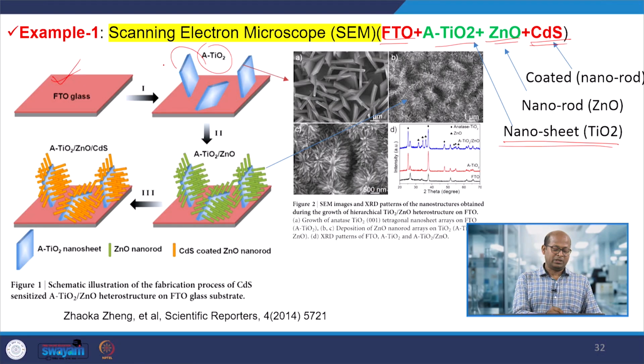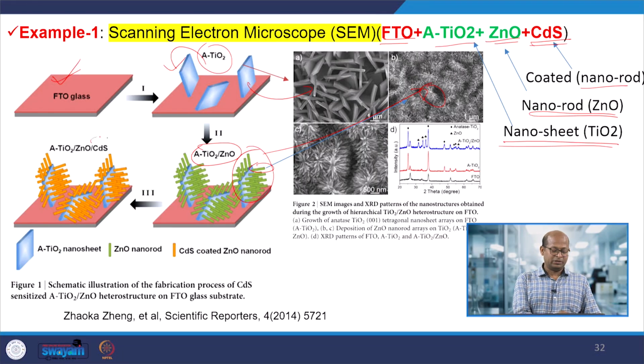Here you can see the nano sheet type of formations. And after that, when zinc oxide was coated over the titanium, the corresponding image is like this. That was nano rod type of zinc oxide coating. Here also we can see clearly with the help of the image.